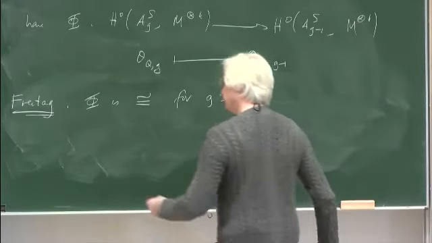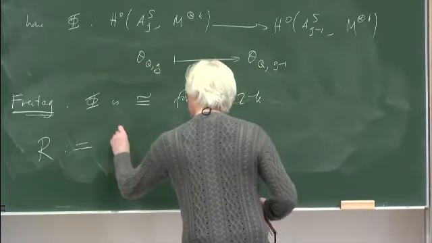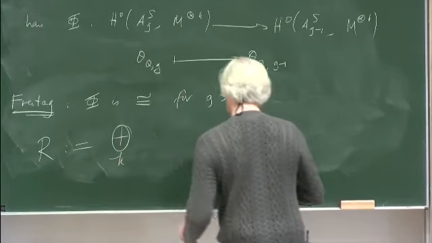And then we can take a look at the following ring. Direct sum over all k.